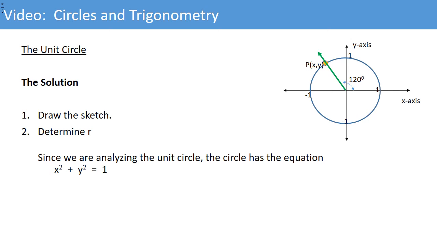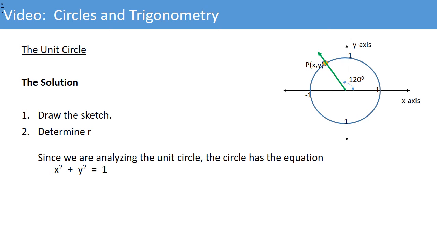Determine r. When we're using the unit circle, we remember the rule of Pythagoras. X squared plus y squared is r squared. But in this situation, we know that r is 1, and 1 squared is 1.